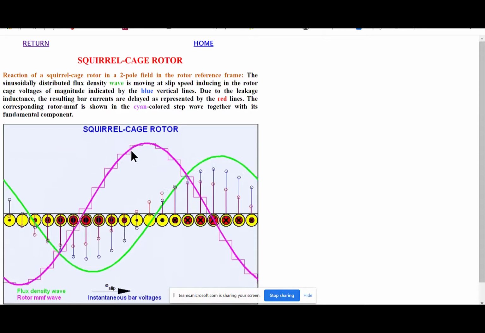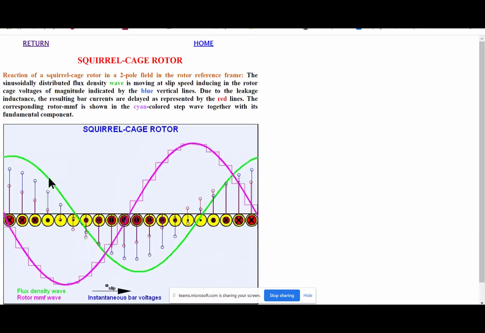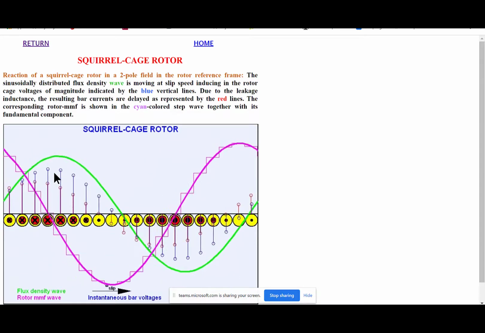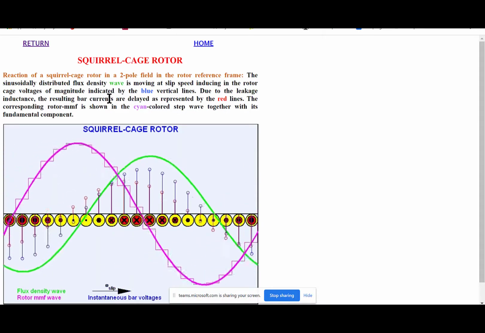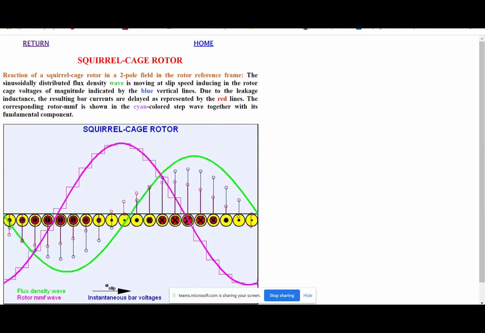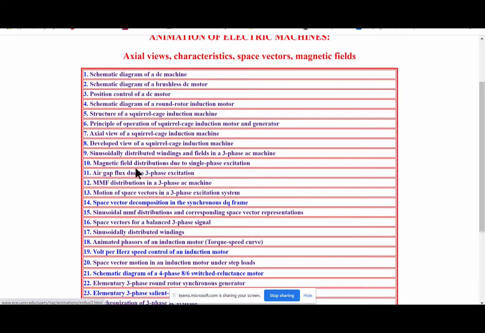The magenta is your armature, and the green is your field winding, really. I'm going to talk about that a little bit, but there isn't exactly an armature or a field winding that could be identified here, but that effective action is happening.